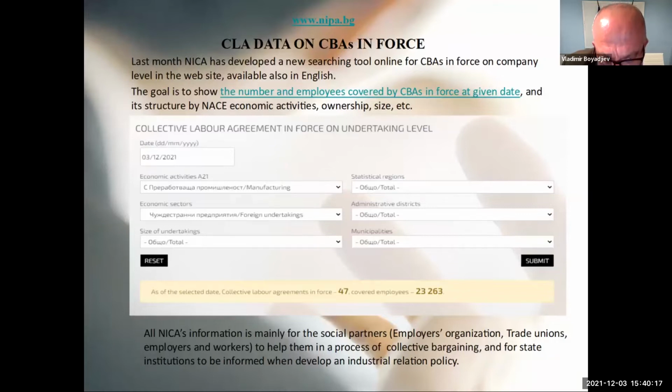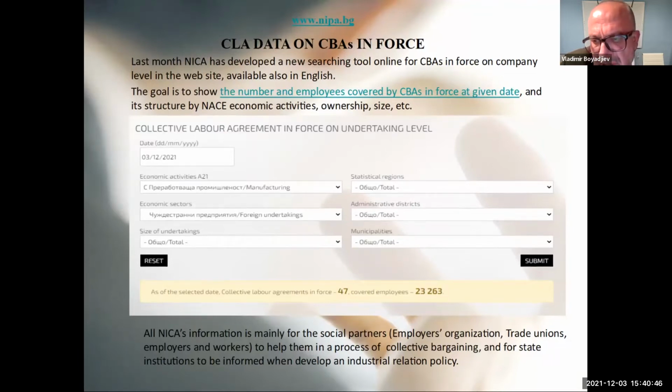So today, in the manufacturing sector, for foreign companies, we have 47 collective bargaining agreements covering 23,026 employees.